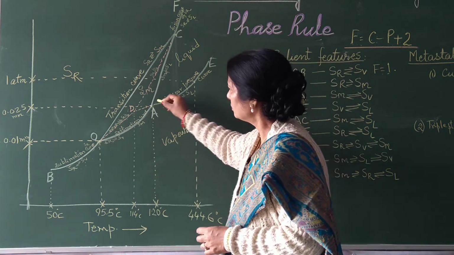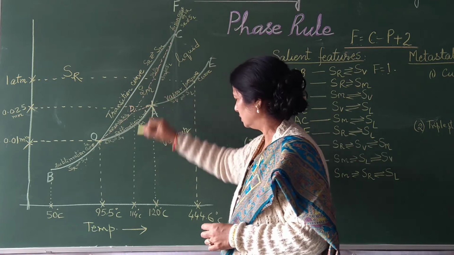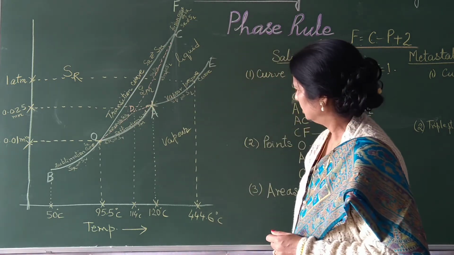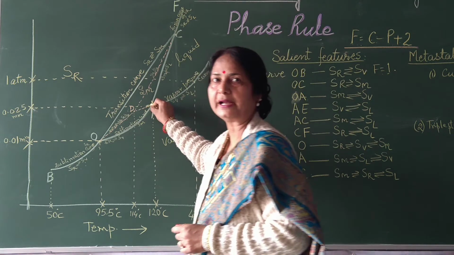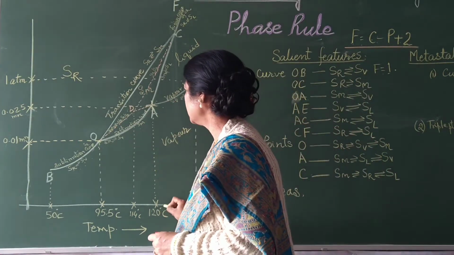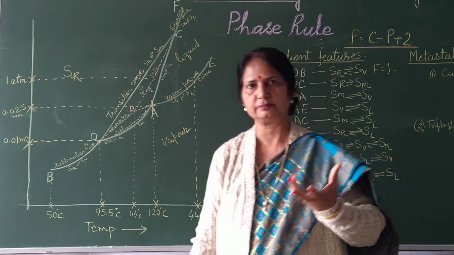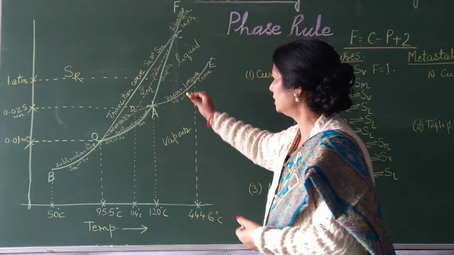At point A, this point is the melting point of monoclinic sulfur, which is 120 degrees centigrade. At this point, the monoclinic sulfur will melt, and we will have the liquid phase.